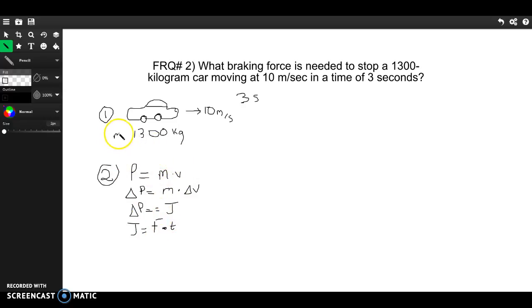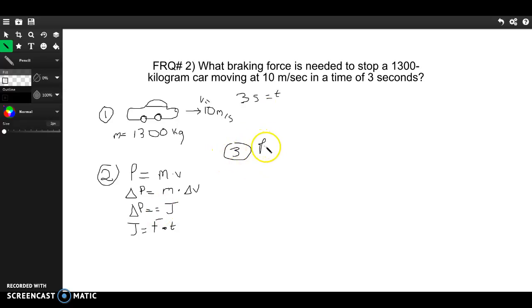And so we have all these numbers. The mass is here. The velocity is there. And then the time is here. And so we can go and start solving. So let's go and get started.